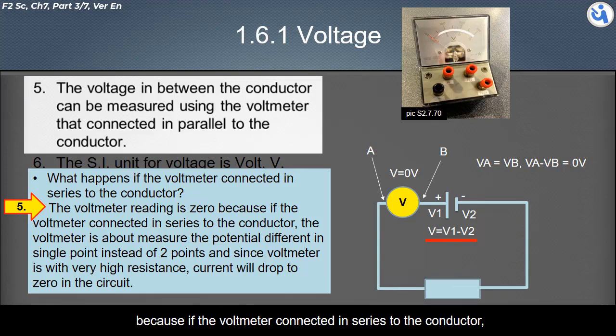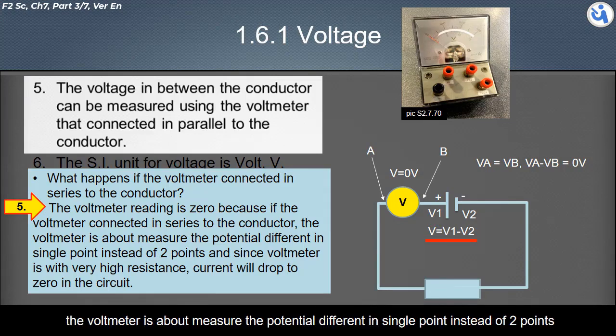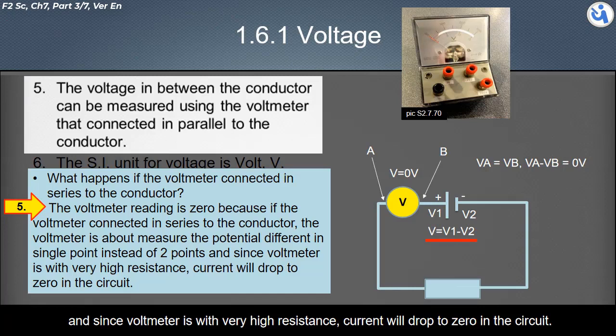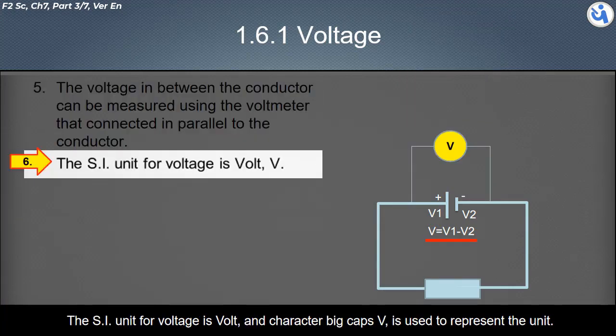Because the voltmeter would be measuring the potential difference at a single point instead of 2 points. And, since the voltmeter has very high resistance, current will drop to 0 in the circuit. The SI unit for voltage is volt, and the capital letter V is used to represent the unit.